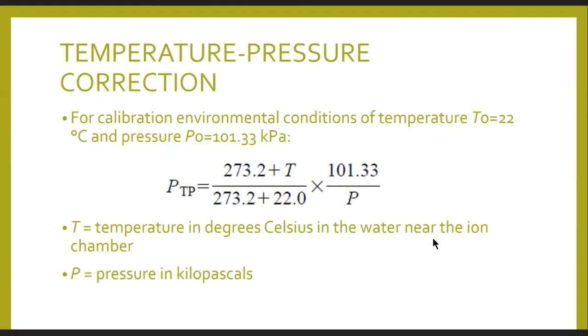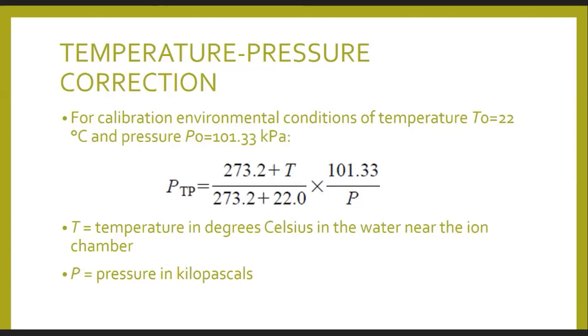Usually the calibration lab maintains a temperature of 22 Celsius in North America, or 20 Celsius in Europe, and the pressure is 101.33. So having different environmental conditions will affect the mass of air inside the cavity.